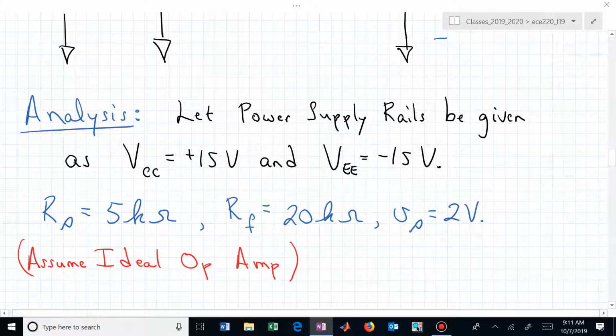And we're assuming an ideal op-amp scenario: the input impedance or input resistance is infinite, A is going off to infinity, and we don't have to worry about the output resistance of the op-amp.